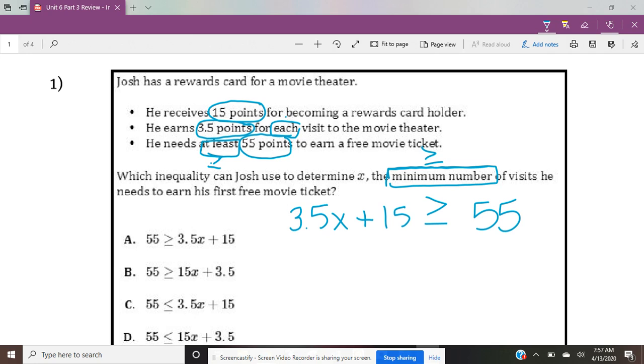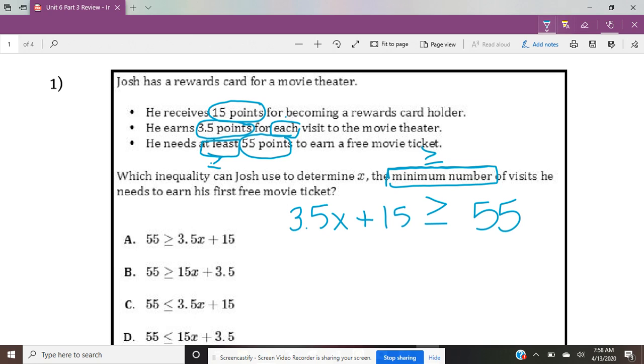Now, one thing that we talked about is that when you reverse or flip, if we think about this, when we did equations, we said x equals 3 or 3 equals x, right? Nothing changes. Well, inequalities are not the same, right?